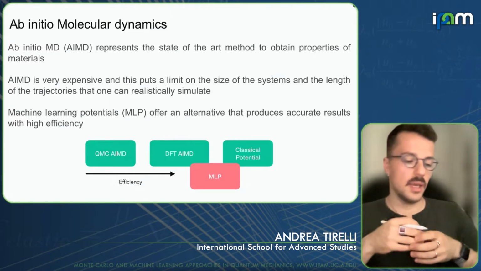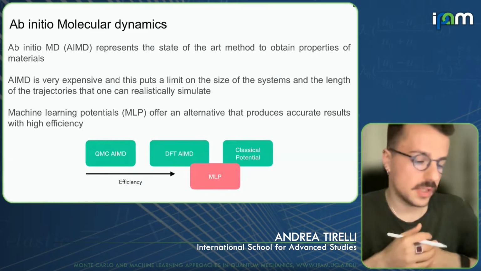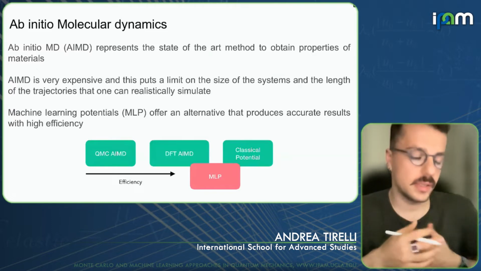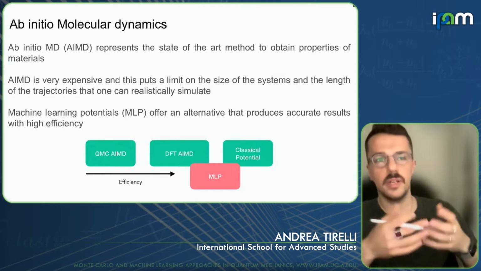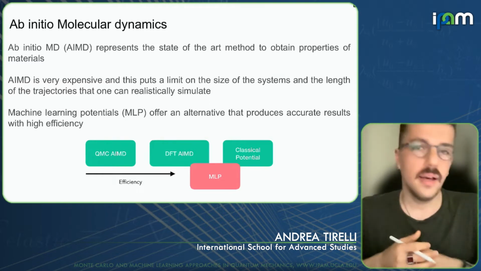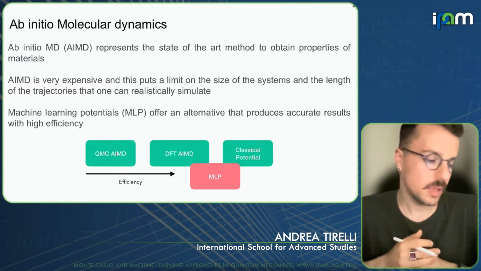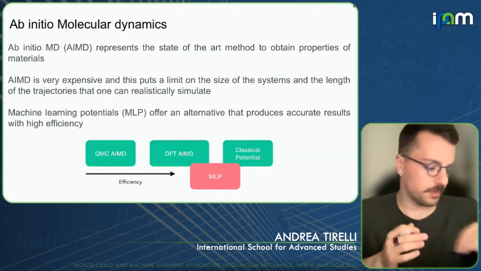We have QMC, possibly DFT, and the most efficient way would be to use, of course, a classical potential at the expense of accuracy. And the idea is, can we use machine learning to learn how to perform an ab initio simulation and use such machine learning potentials in molecular dynamics simulation?